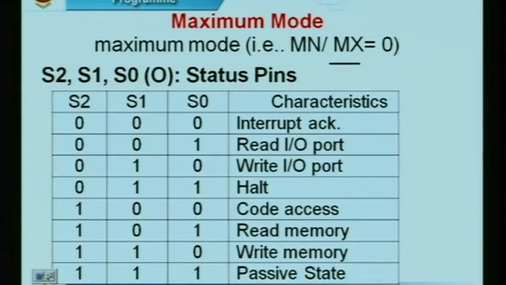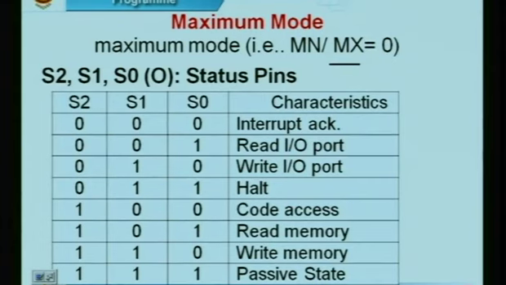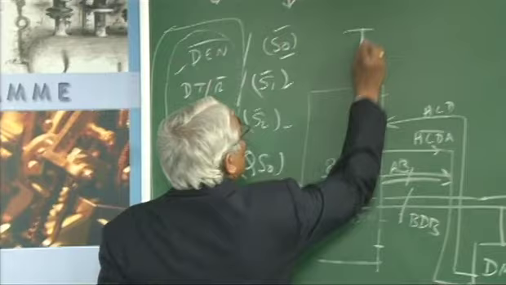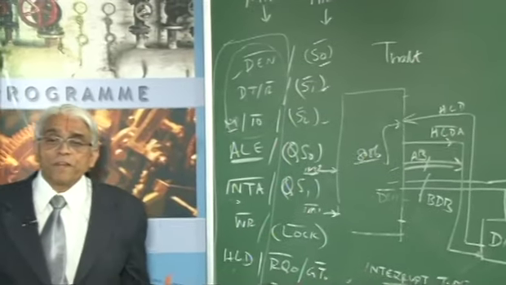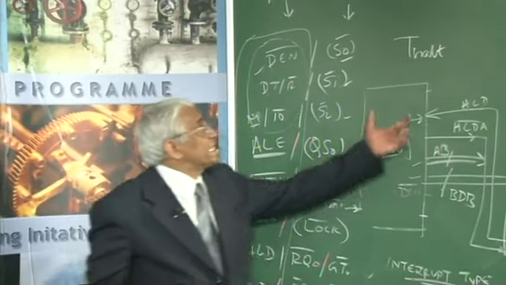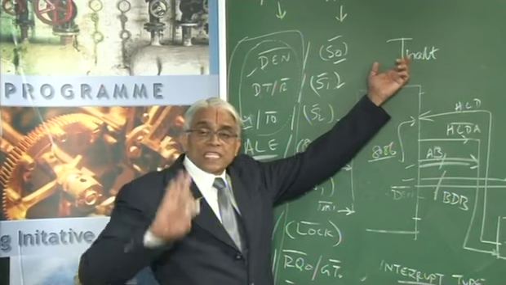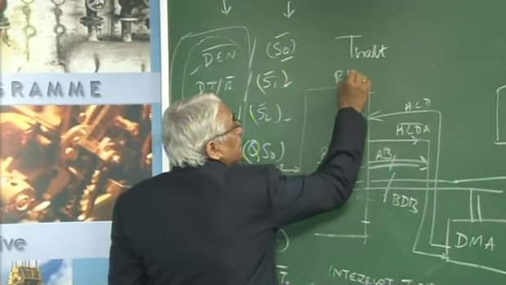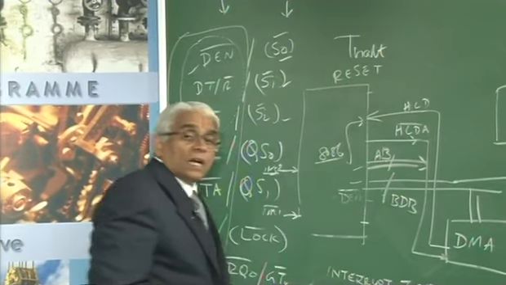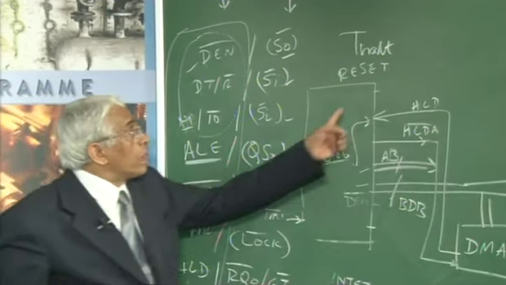When the system is made to halt, it goes into a state called T halt state. T halt state is different from T wait state and different from T hold state. It is a state where the microprocessor stays until there is a hardware reset or an interrupt.